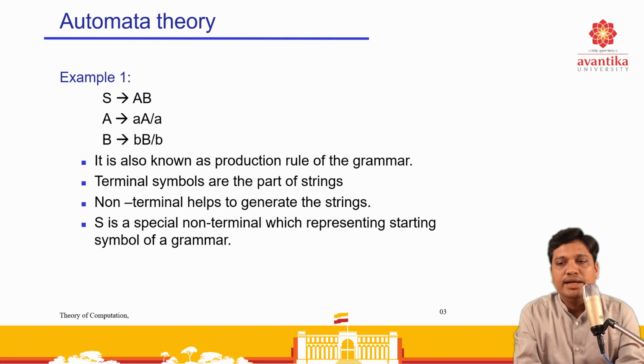This is also known as the production rules of the grammar. Terminals are the parts of the string. The non-terminals help to generate the string. S is a starting symbol, a special non-terminal which represents the start of a grammar.